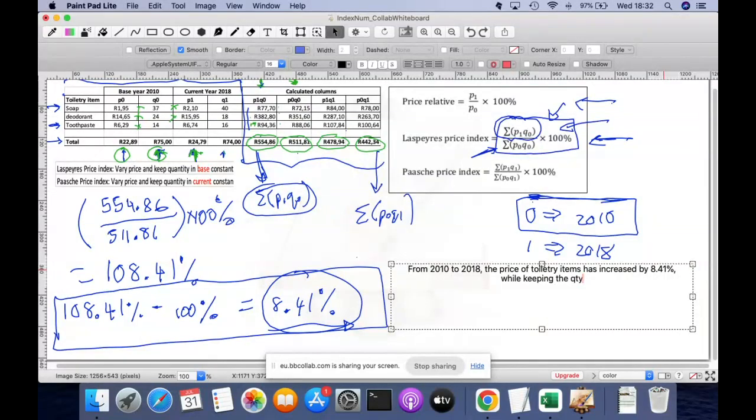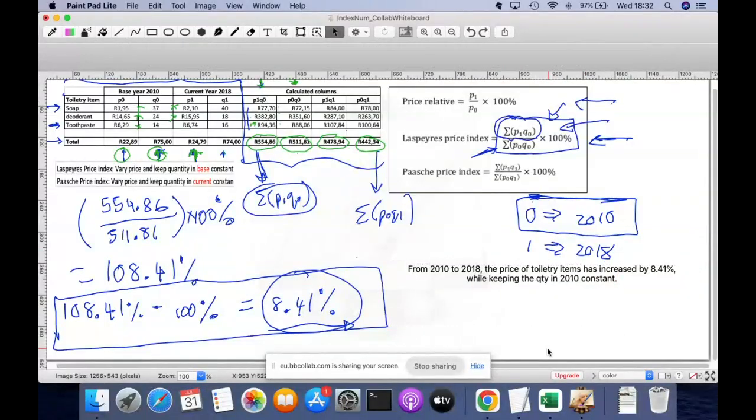The short form, but you get the point. While keeping the quantity in... Now, don't say Q0 or don't say naught or base year. Say what that base year is. We wrote that here. The base year is 2010. So you will say in 2010 constant.